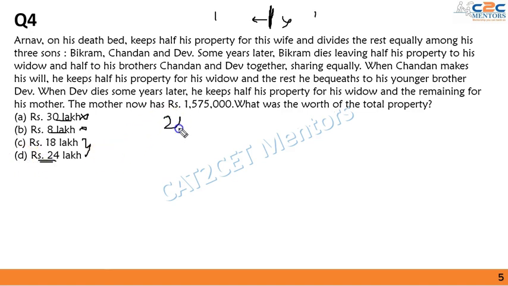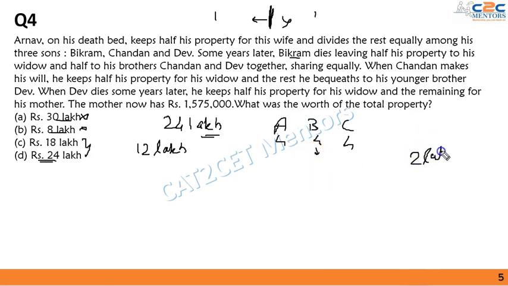Now moving with 24 lakh, I'm assuming that this is the net worth. So after A dies, he's going to give 12 lakh to his wife, and the remaining 12 lakh are going to get equally split amongst B, C and D. So each of them is going to get 4 lakhs. Now Bikram dies and he leaves half of his property to the wife, and the remaining 2 lakh, that is half of it, are split equally.